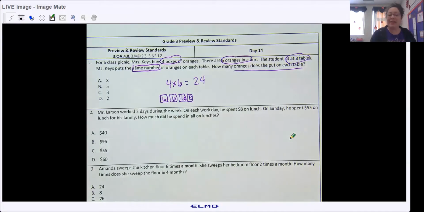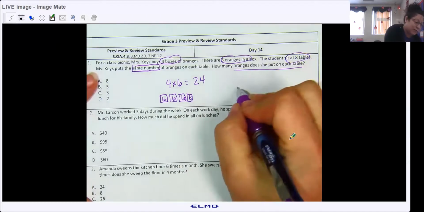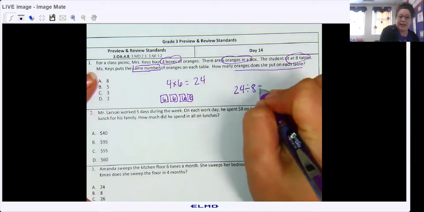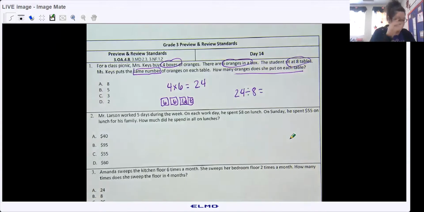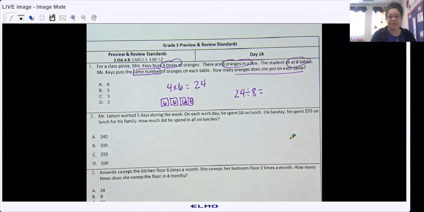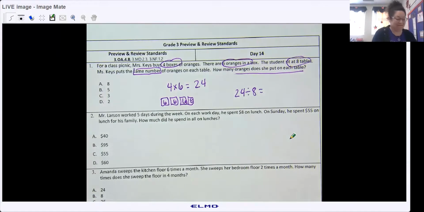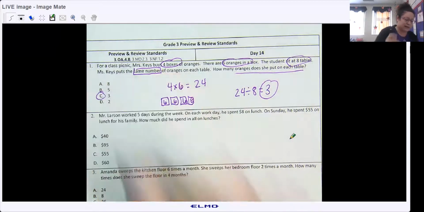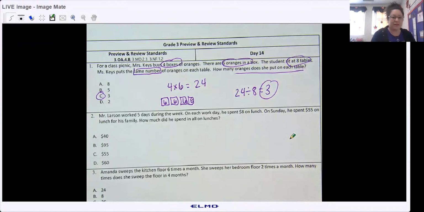Okay. Second step, now they're sitting at 8 tables, and we're going to put the same number in each table. So we're going to take our 24, and we're going to divide it into our 8 tables. And we get, yep, because 3 times 8 is 24. Very good.